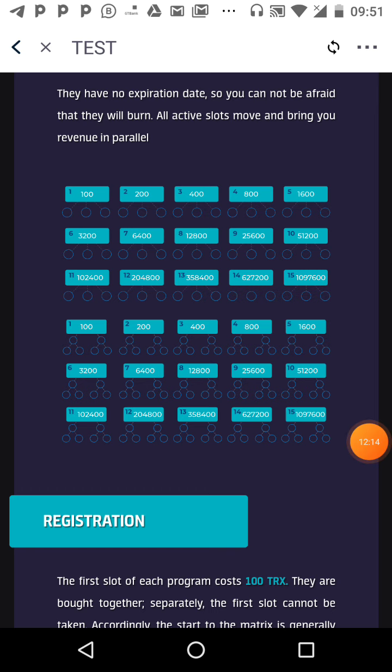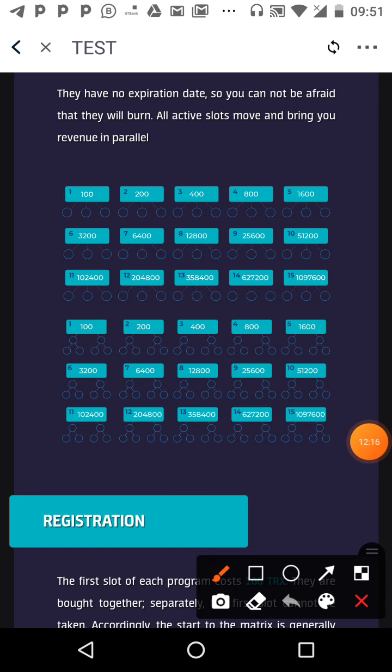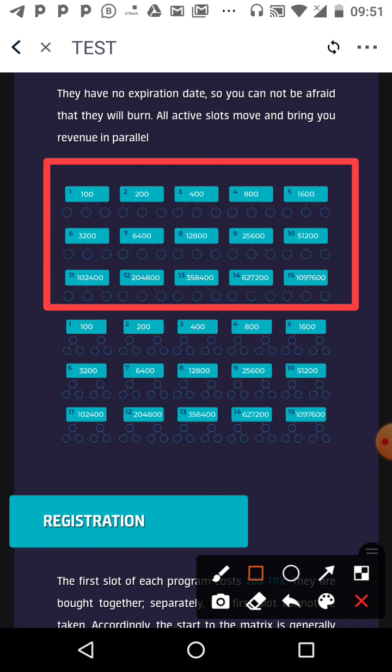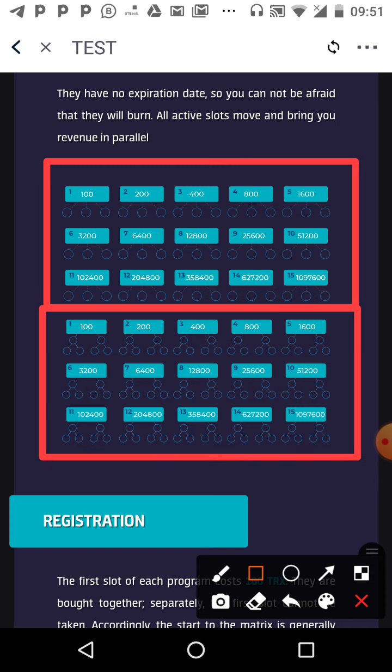Now you can see the structures below all this. Like I mentioned earlier, we have the X3 that has 15 slots, and also we have X4 that also has 15 slots. Your aim here is to buy more slots, 1, 2, 3, 4, 5 of X3. Then you can focus on 1, 2, 3, 4, 5, 6, 7, 8, 9, or 10.